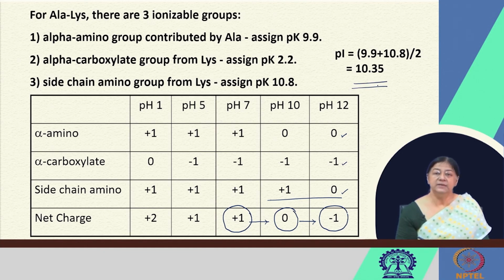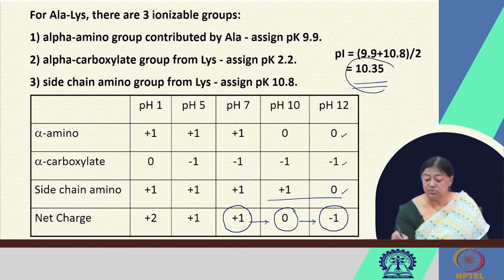Now, we realize that because of the presence of the lysine group, this is definitely going to have a pI that is going to be in the alkaline range. So, this exercise can be done for a very varied number of peptides, longer peptides. There are now sites available that will actually calculate the pI for you given the sequence of amino acids.